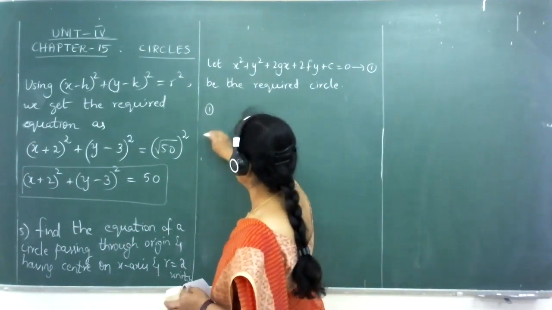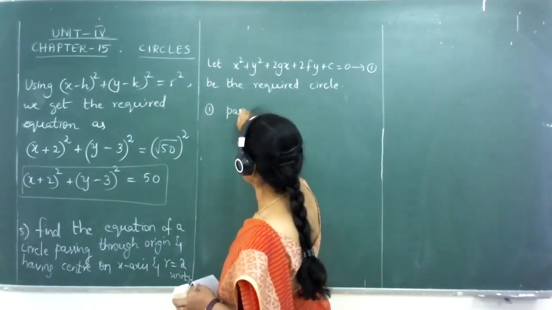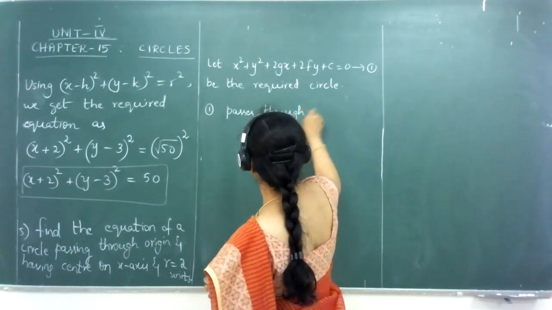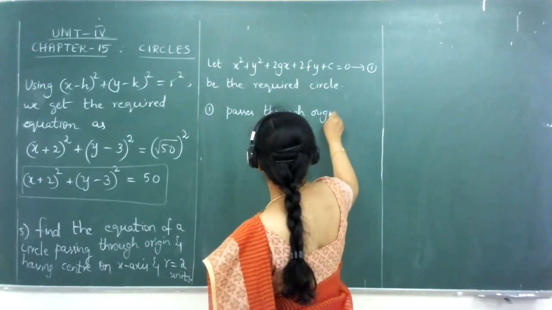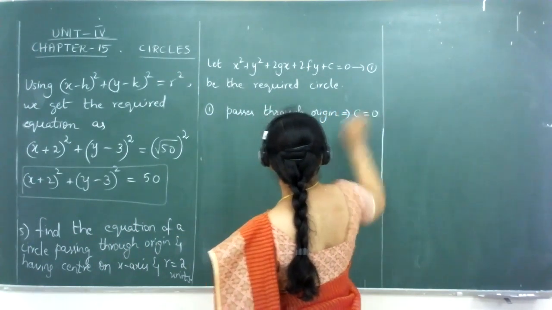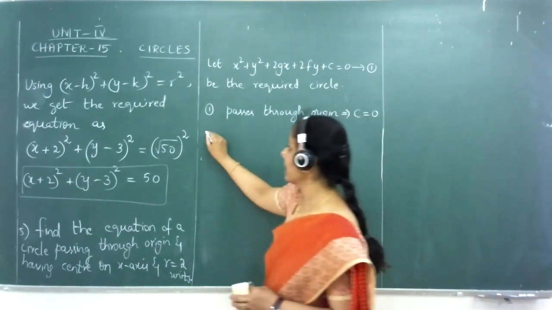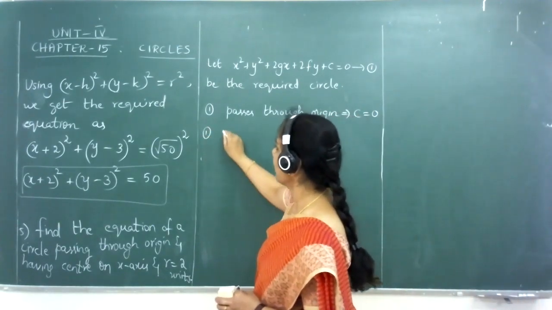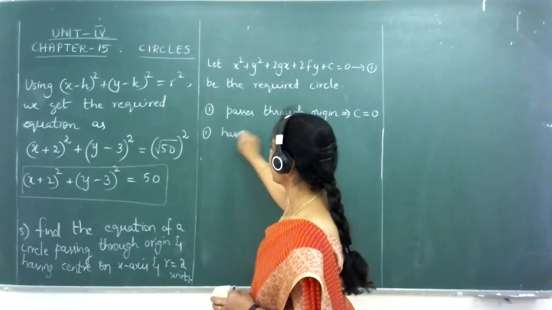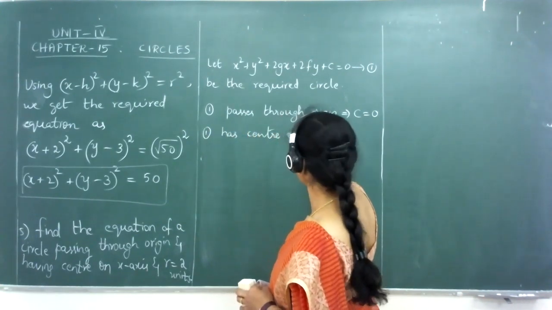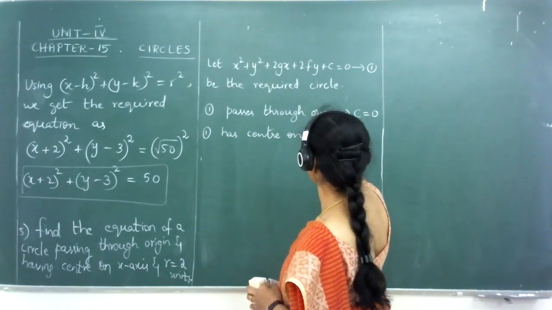So circle 1, or equation 1, passes through the origin. When it passes through origin, it clearly implies C equal to 0. This also we have learnt under properties. Second data, equation 1 has its center lying on the x-axis.